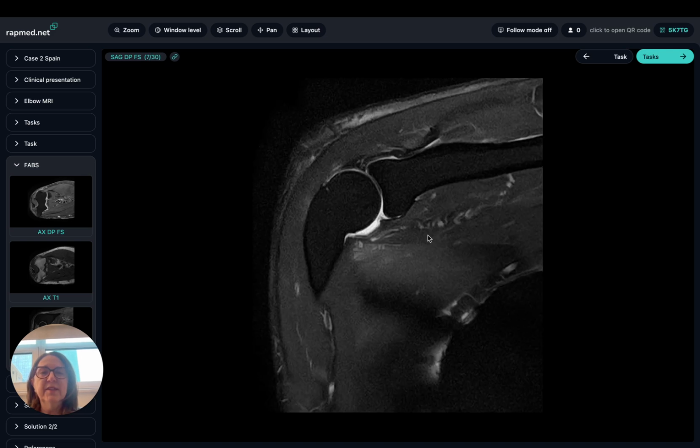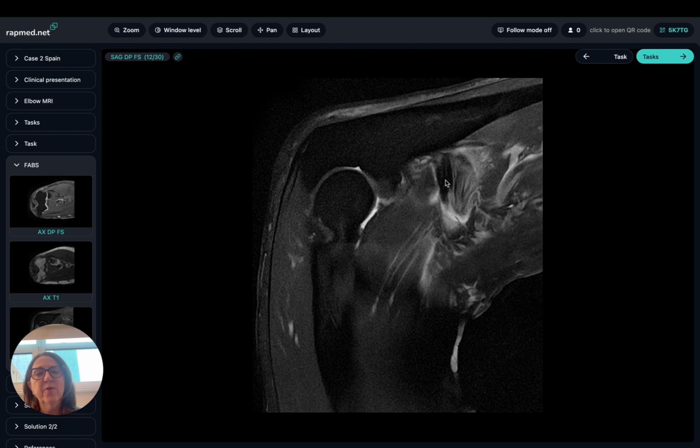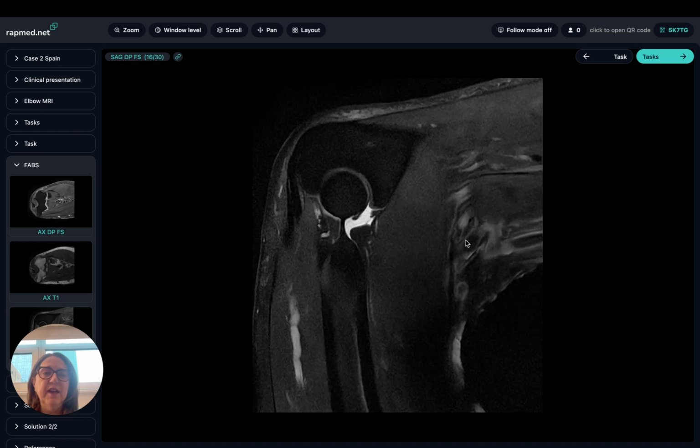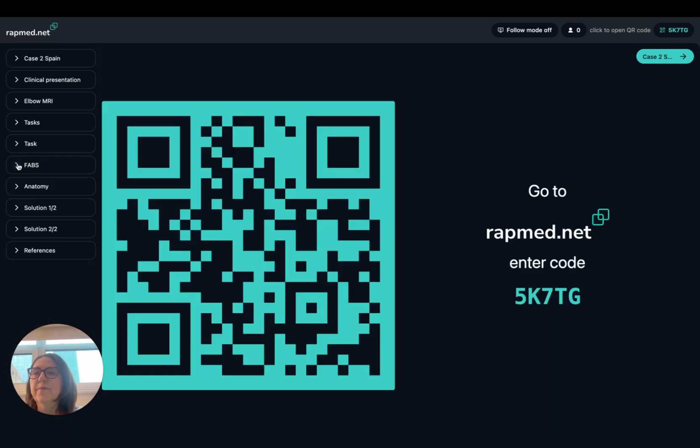Again, on this oblique sagittal image, you're going to see very nicely how the two heads of the biceps tendon separate, the long head that inserts superiorly and the short head that inserts inferiorly, and how they merge and do this twist when they go into the insertion.